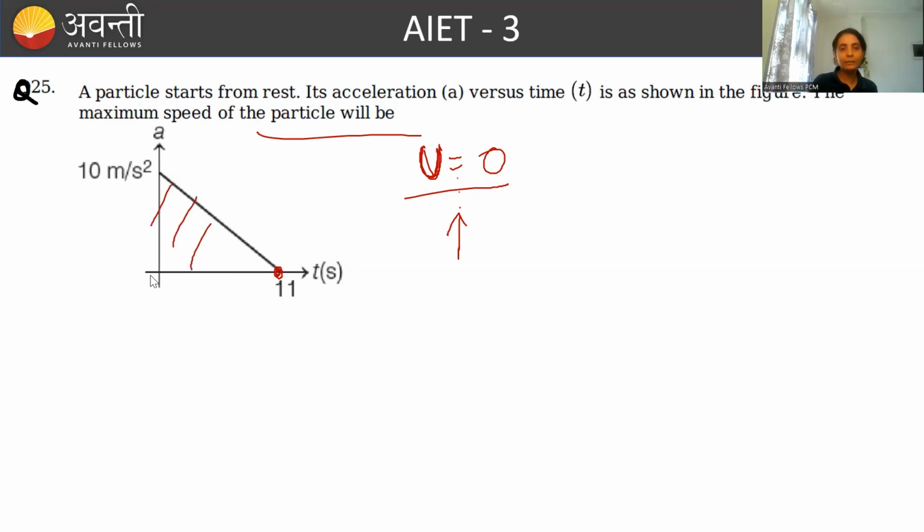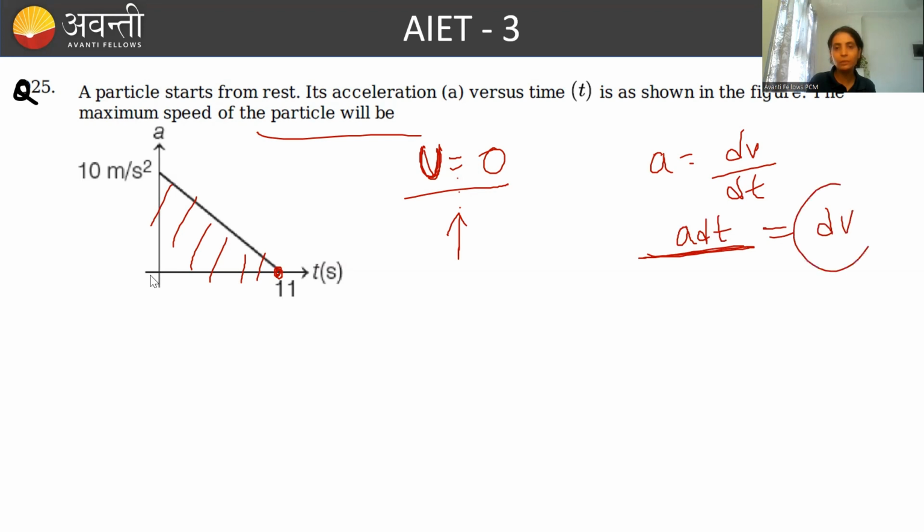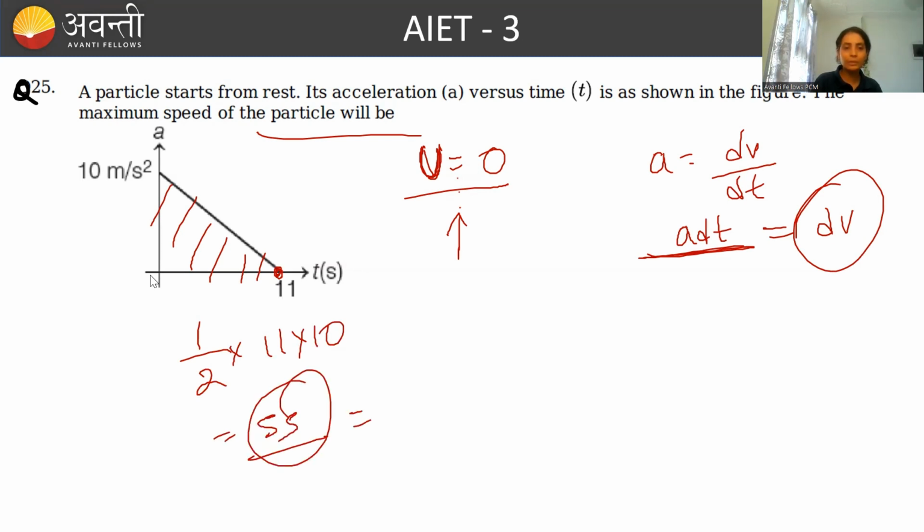So if we calculate the area under the curve, because you have studied that a equals dv by dt, the area under the a-t curve, that is a dt, is equal to the change in velocity. So calculate the area, that is half into 11 into 10. This is equal to 55, and this is equal to the change in velocity.